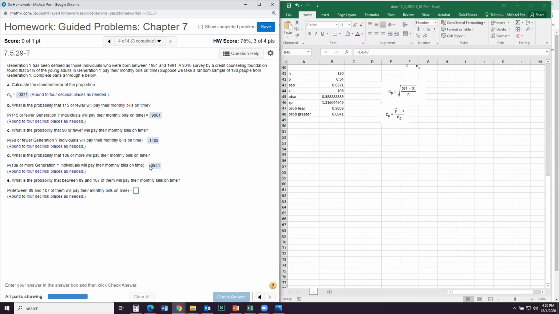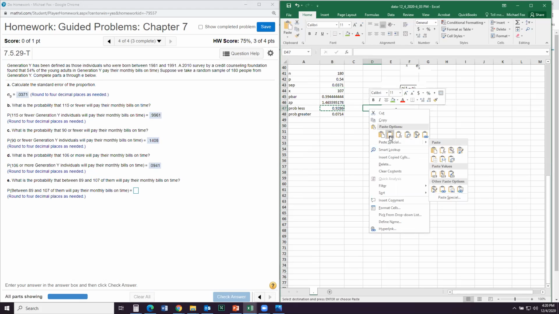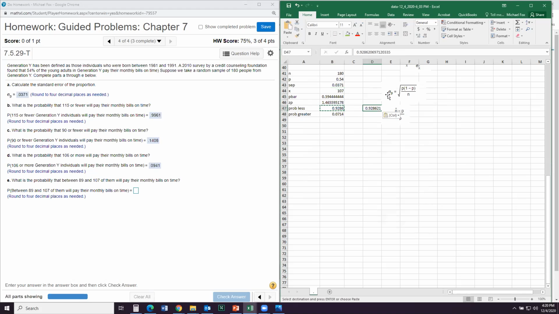And then the last one says, what's the probability that between 89 and 107 will pay their monthly bills on time? So what I'll do is I'll put in 107 for X, and I'll take the probability that it's less than 107, copy that, and paste it right here as a value only.